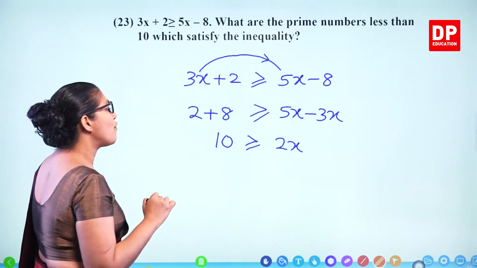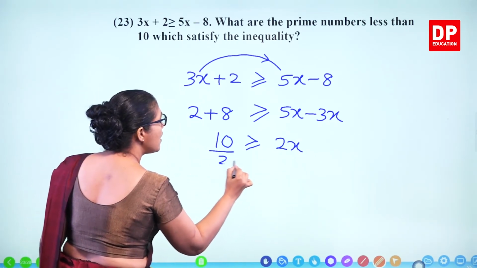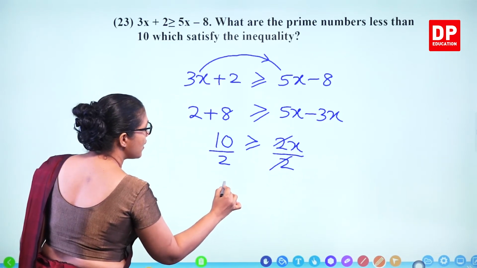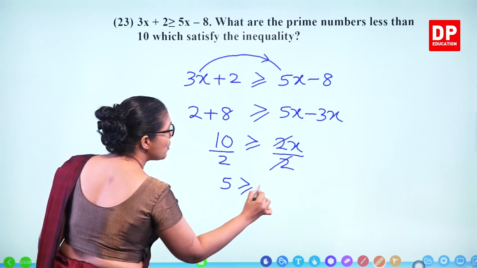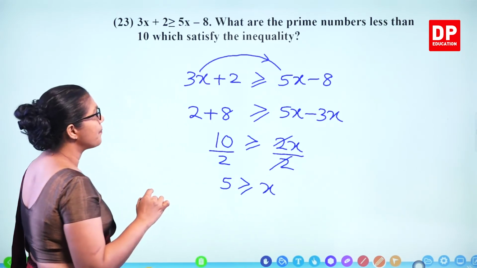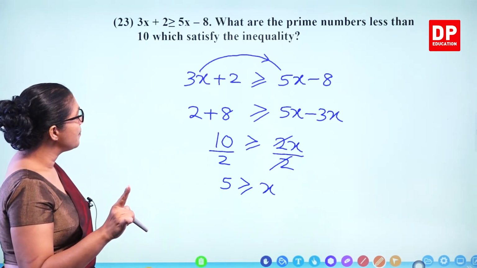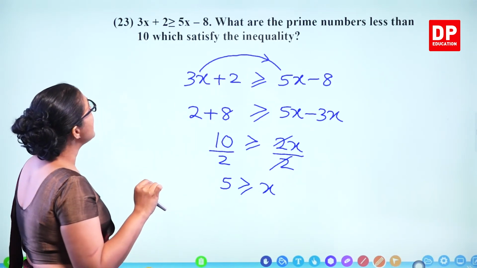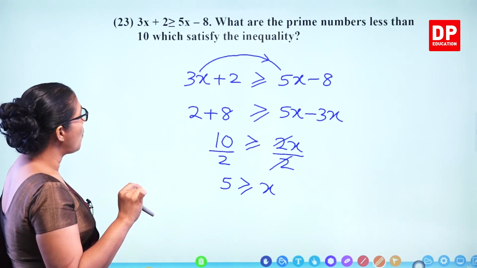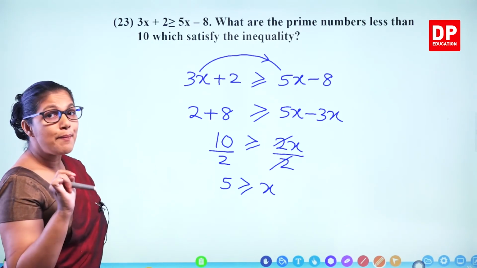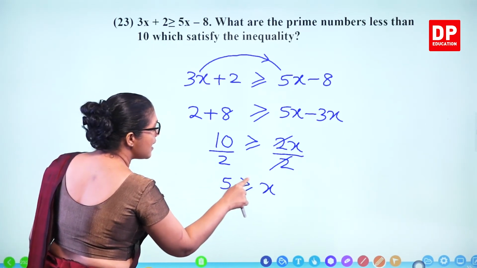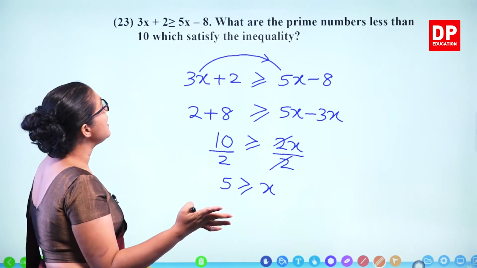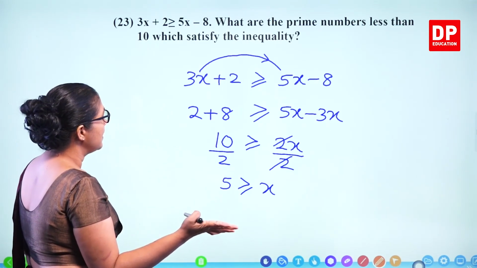So how do you solve for x? Divide this by 2, and you get 5 greater than or equal to x. Now you have to find out the prime numbers less than 10 which satisfy the inequality. x less than or equal to 5, so definitely this is less than 10.